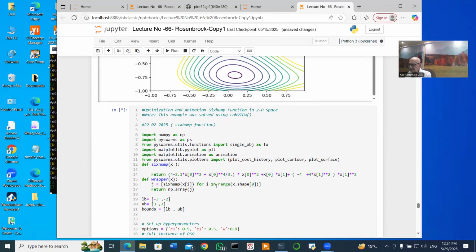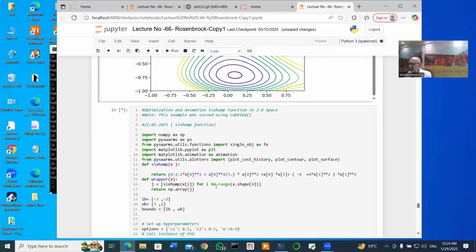Really, I wanted especially to show you this function not only because of its specific values and specific behavior, but also because I wanted to show you how we can animate this function differently, not as we did with the holder table function or with the Rosenbrock function.